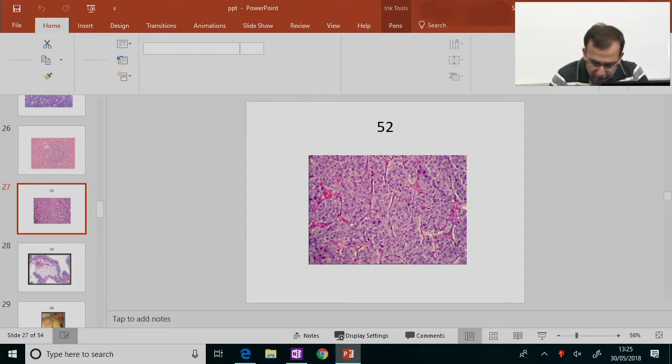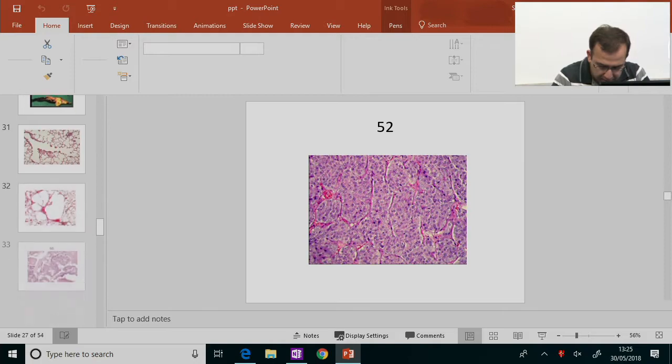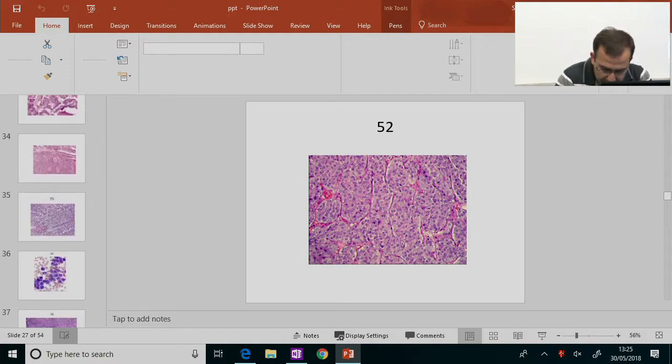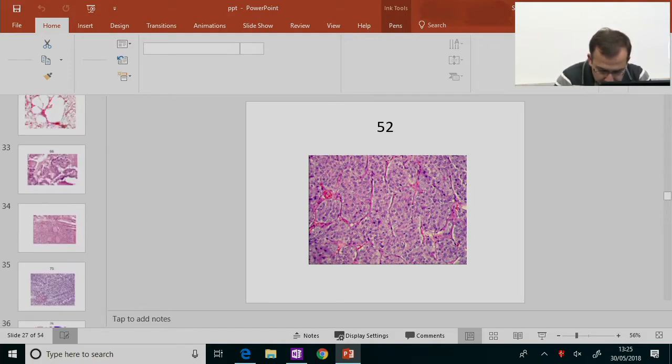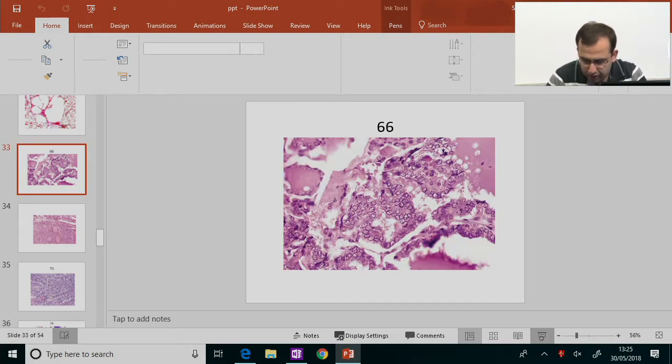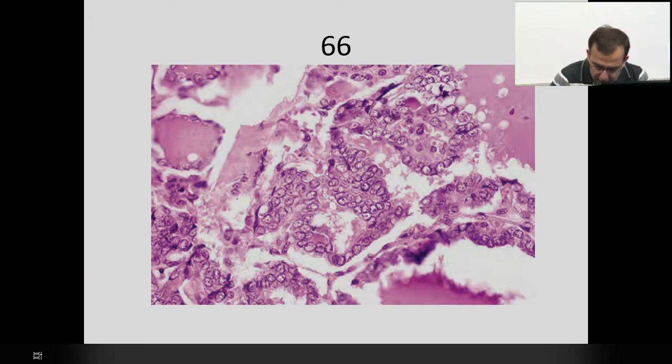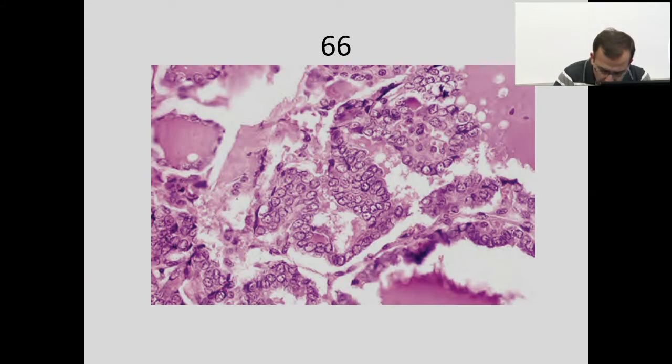let us see what it looks like microscopically. Starting with the first image, have a look at this. This is the classical Orphan Annie nucleus. First point, how do we identify this as thyroid?